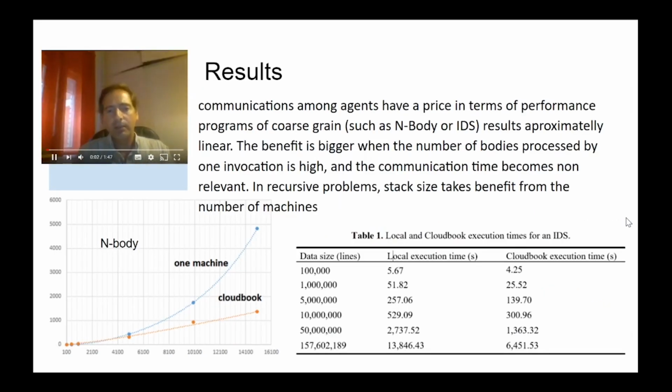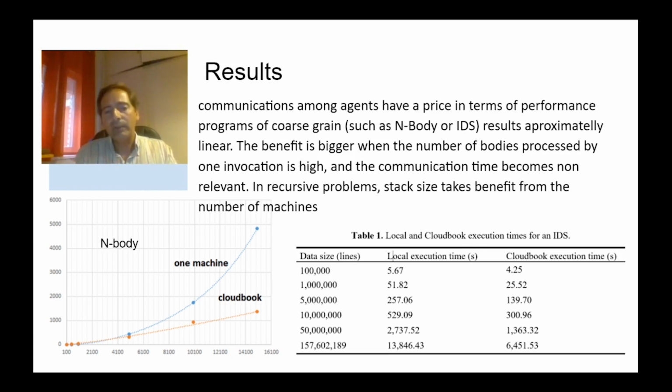Regarding the results, communications among agents have a price in terms of performance, because communications involve timings and this reduces the speed of the program. But if the tasks involve more work than communications, more CPU than communications, definitely the benefit is very high, even linear. It's approximately linear.